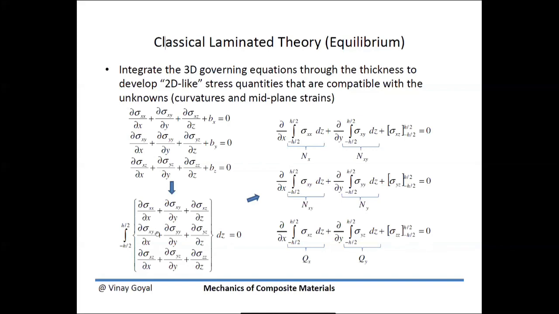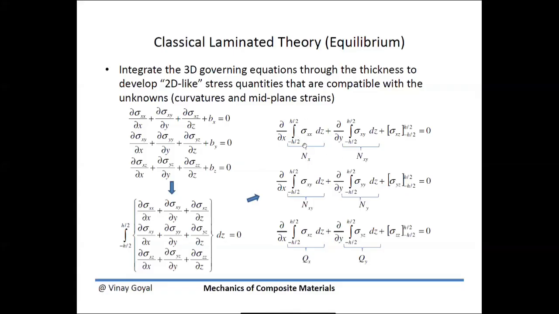Okay, so this right here that you see highlighted with a bracket is a type of stress. There is still a stress. We just integrated the stress through the thickness. We've also done that with each of these terms, and you can see that here. So it's 1, 2, 3, 4, 5, 6. And these are force resultants. We'll call them force resultants.